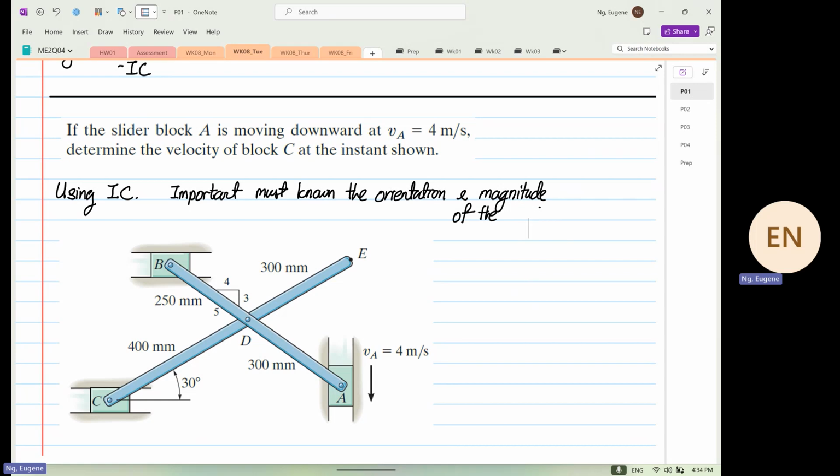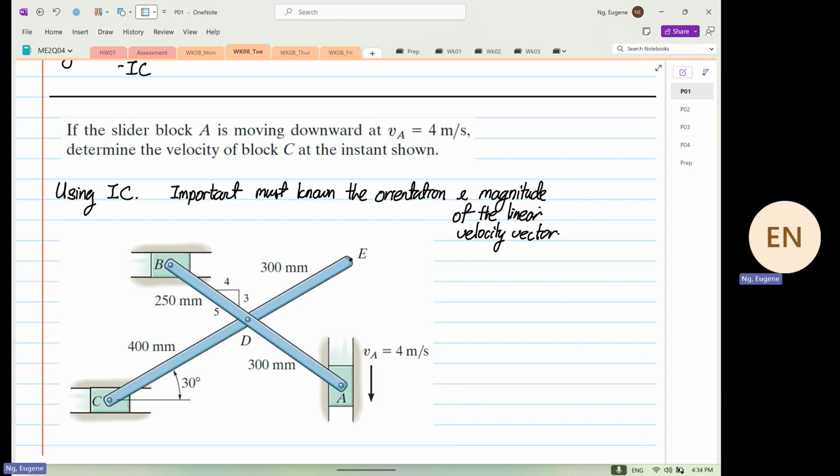Linear velocity vector. This is the important thing. Without knowing the linear velocity orientation and magnitude, we cannot use the what? Instantaneous center. Are we clear? So this technique, I'm going to highlight to you the operating limits. What are the limits of applying this technique?